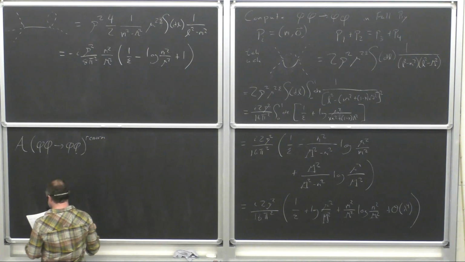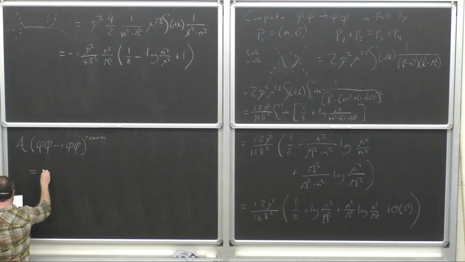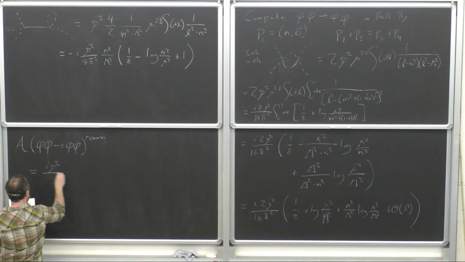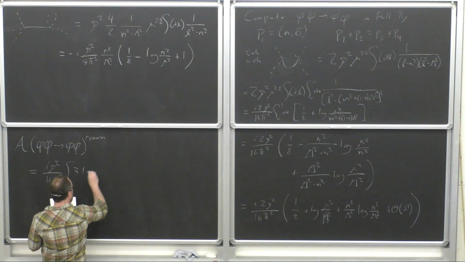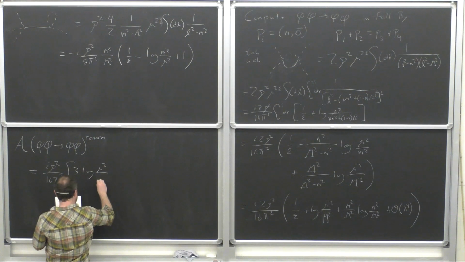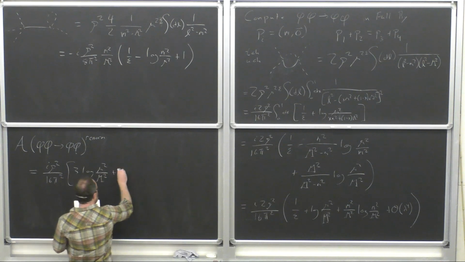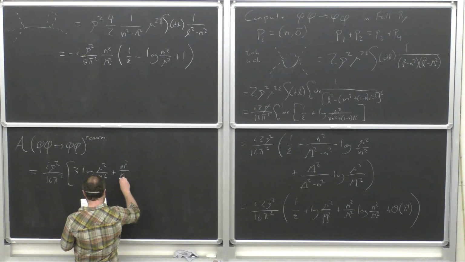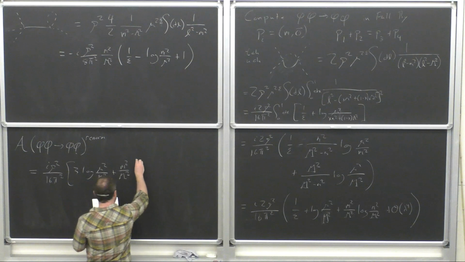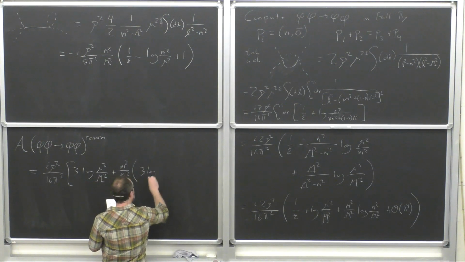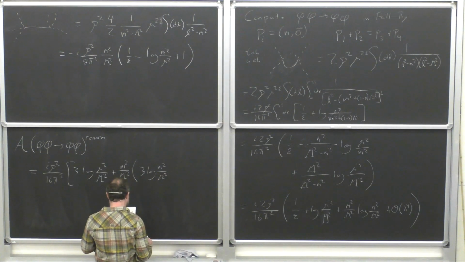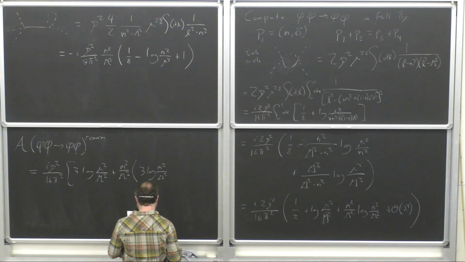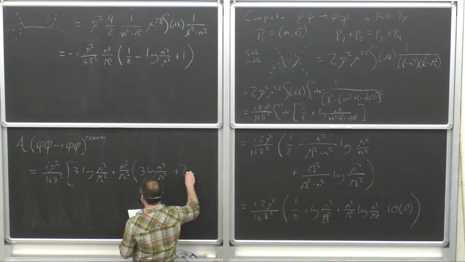And this is computed at threshold. We have i rho squared over 16 pi squared times 3 log mu squared over big M squared plus little m squared over big M squared, 3 log m squared over big M squared, plus 2.